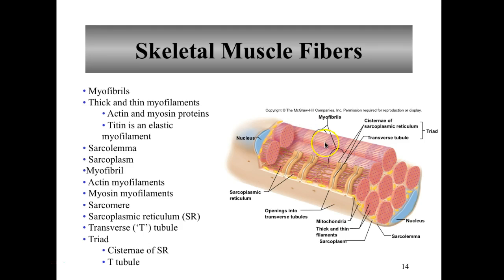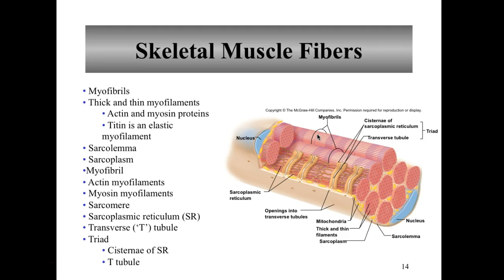So you have the A band and what you would refer to as the I band. The A band is going to be a dark area, so you can see the darker striations. This is overlapping of thick and thin filaments. And then you have this area of I band, which is a light area, which is just thin filaments alone.